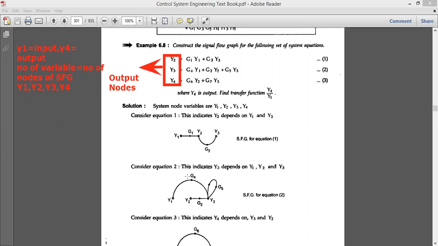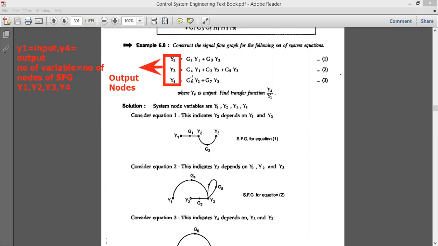In equation number 2 we have three variables, y1, y2 and y3, so all these three nodes should come and meet at point y3. Let us take this graph, or you can simply take this graph also, no issues. Here is the point y3, and this is y1, y2 and y3.